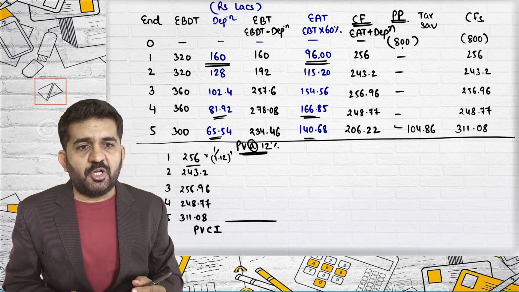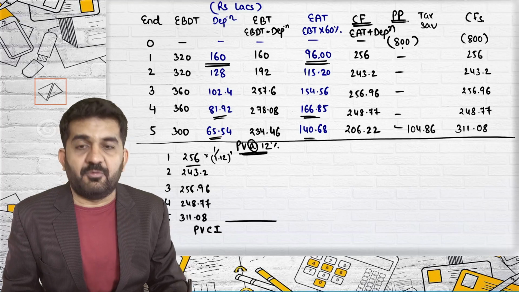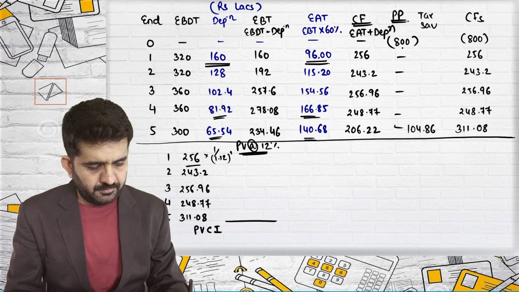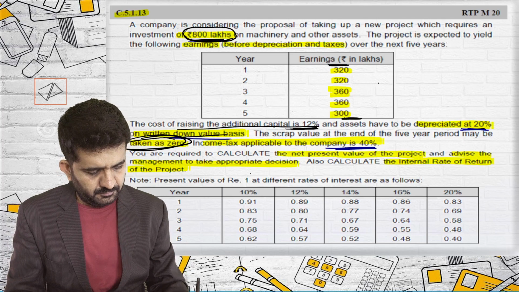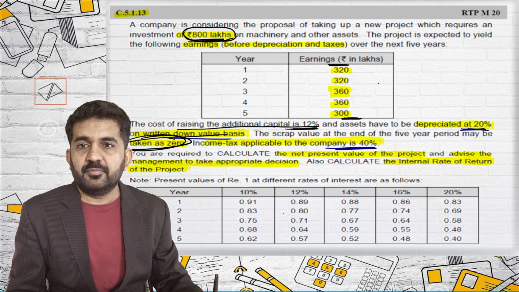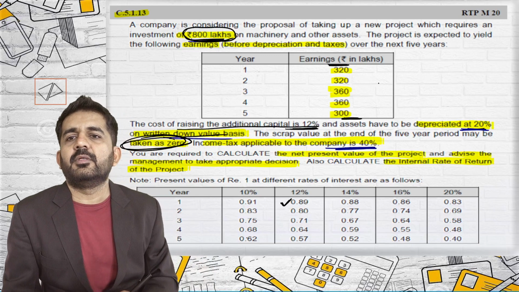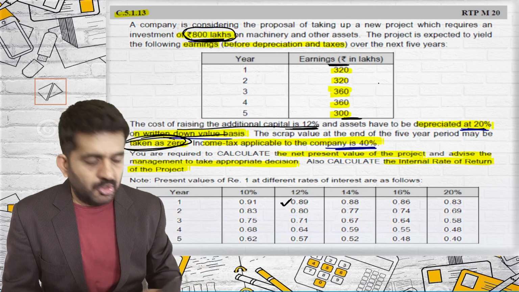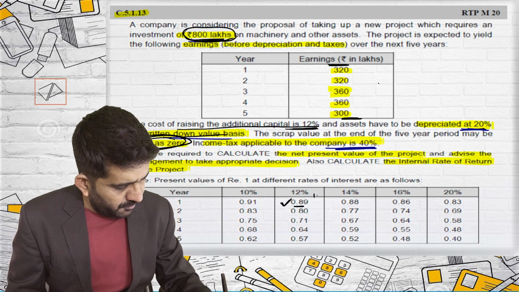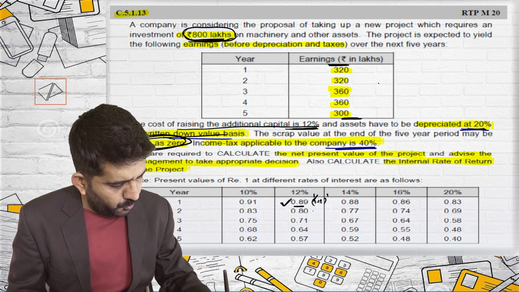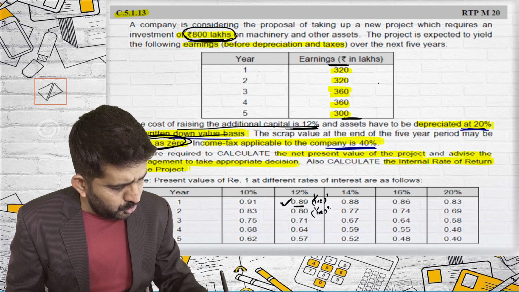Can you find out in your calculator what is 1 divided by 1.12 raised to 1? Is it 0.89 something? Is it 0.89? So which is this figure given? 1 divided by 1.12 raised to 1.